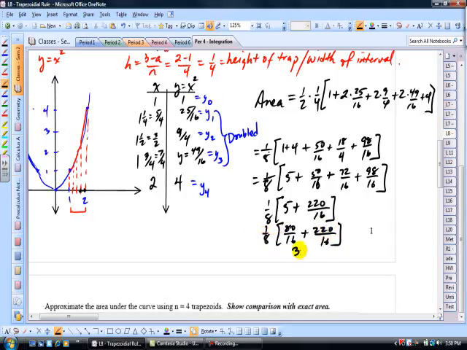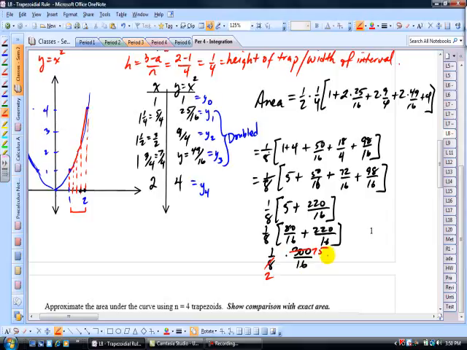And that's going to be 300/16 times 1/8. We should simplify this. Divide both by 2, 4. This becomes 2. And divide this by 4, that's 75.